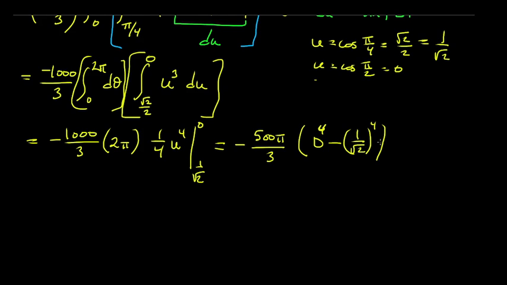That's just going to be 1/2 squared, which is 1/4. So negative 500 pi over 3 times negative 1/4. We do get a positive, so 125 pi over 3.